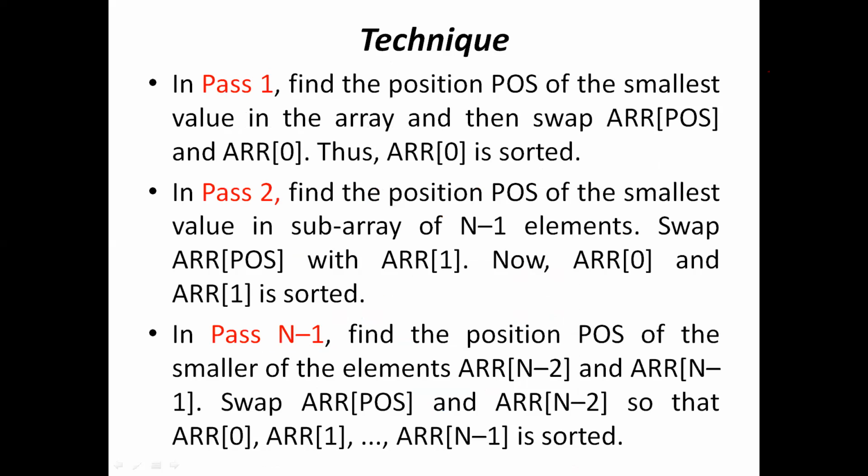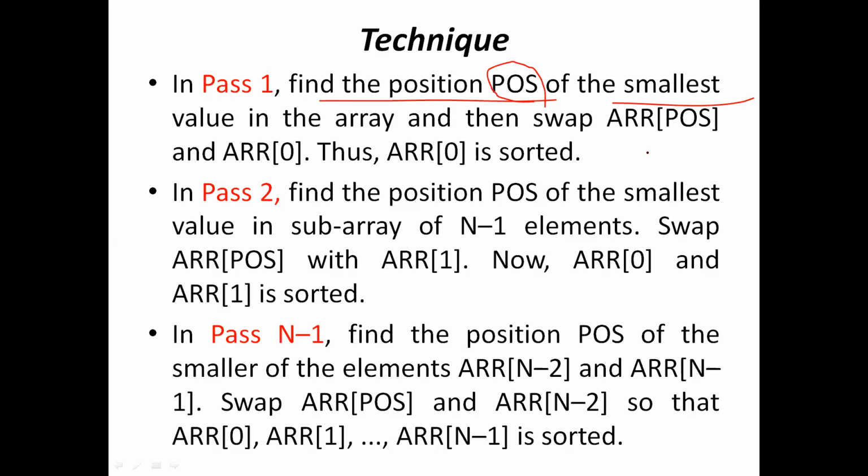So in pass 1, find the position, called POS, of the smallest value in the array. We are going to find the position of the smallest element. In the previous slide we saw that 0 is the smallest value, and we have to find the position of that smallest value.